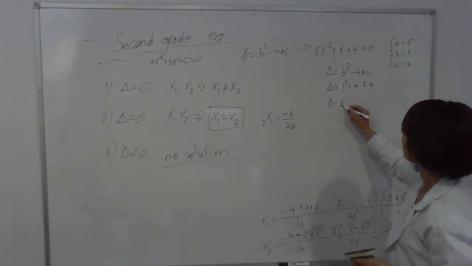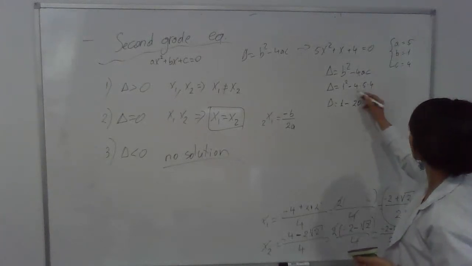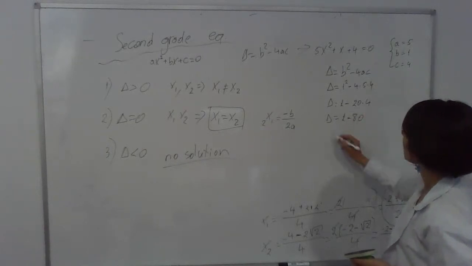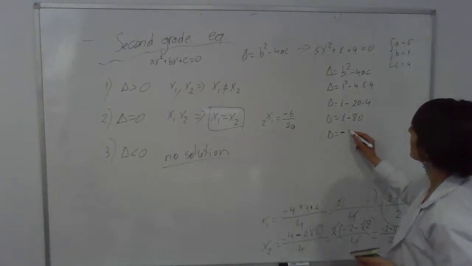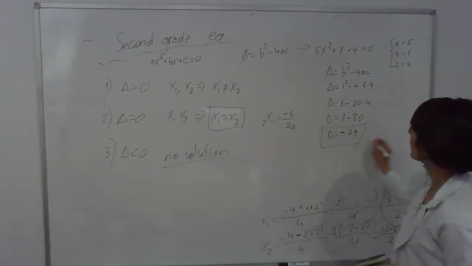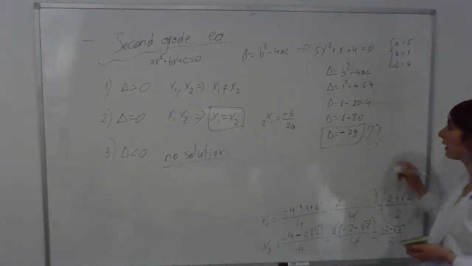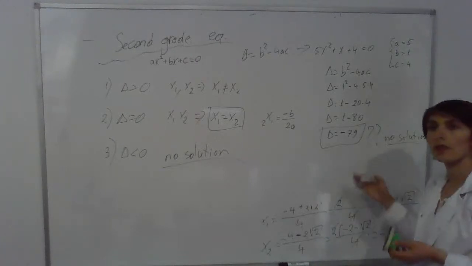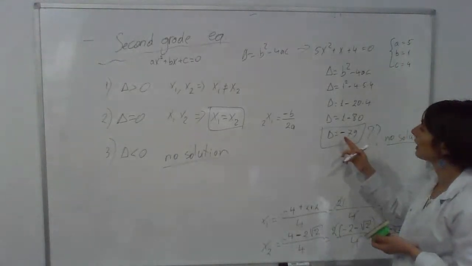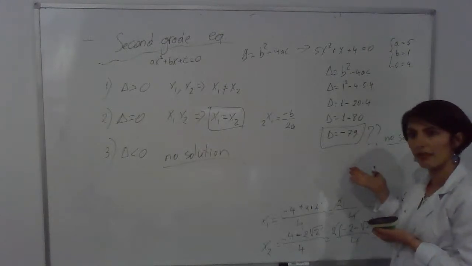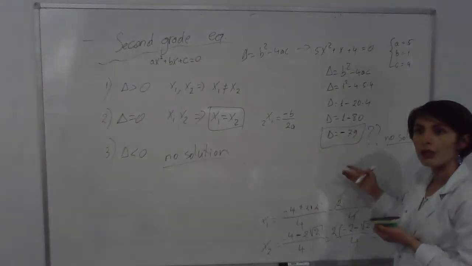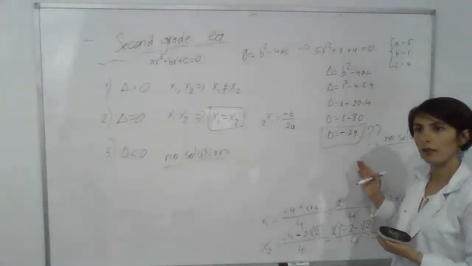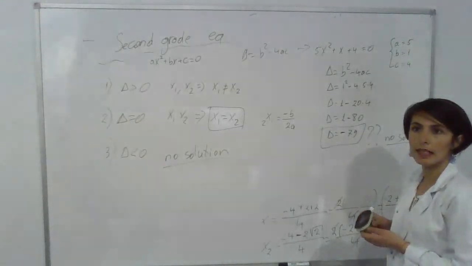Delta equals 1 minus 20 times 4. Delta equals 1 minus 80. Delta equals minus 79. What can I do in this case? I can say immediately no solution. So there's no solution for this kind of exercise, because my delta has the negative value, minus 79. So I cannot find x's here. So we say that x's do not belong to the R set, or simply no solution for this exercise.